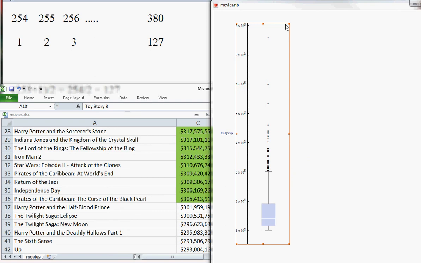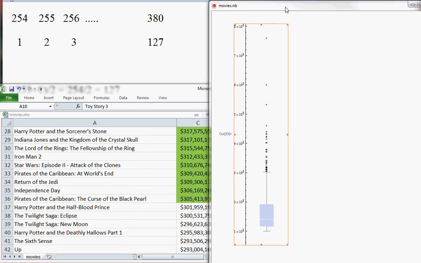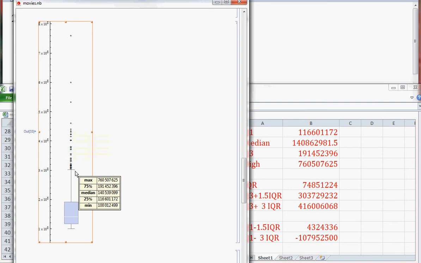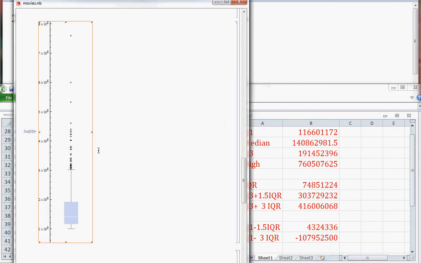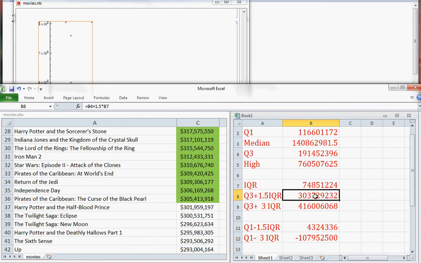Now one last technical point about this is the location of where this line goes. This line that you see right here does not correspond to this number here, 303. The line corresponds to the largest movie that is inside of this number here.